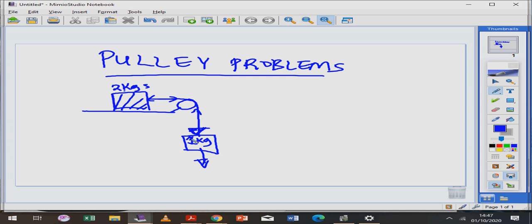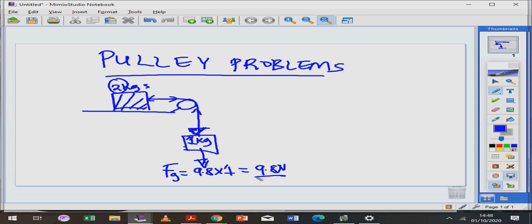So this object has a mass of 1 kilogram, but the force acting on it is the force of gravity, and therefore that force is 9.8 times 1 newtons. So 9.8 times 1 is still 9.8 newtons. This is only 2 kilograms.